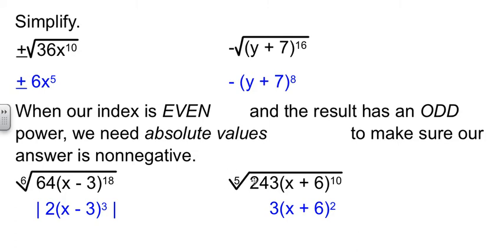This was an odd index, so this rule doesn't apply. I don't need absolute values, and in fact, I don't want absolute values. The only time I have to worry about it is with an even index and then an odd result. Odd index, could care less. Don't want them, don't need them, it would be wrong to put them.